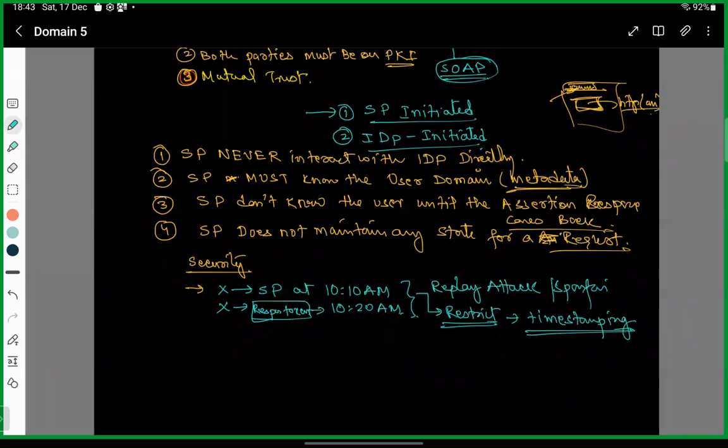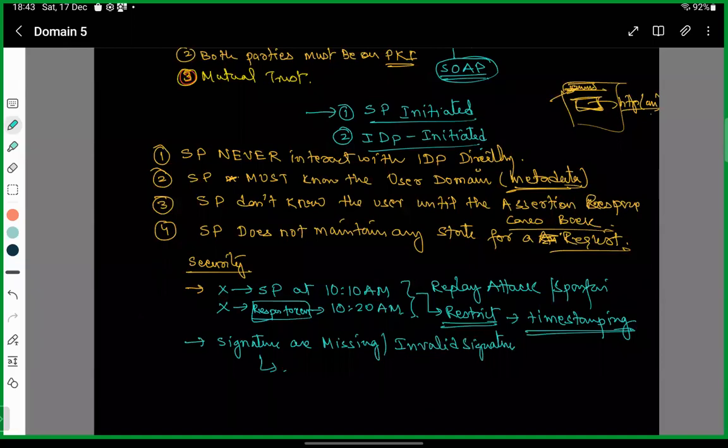Getting my point? Second important thing from a security perspective. What if these signatures are missing, or you can say an invalid signature? Because what can happen is there can be an intermediate entity.